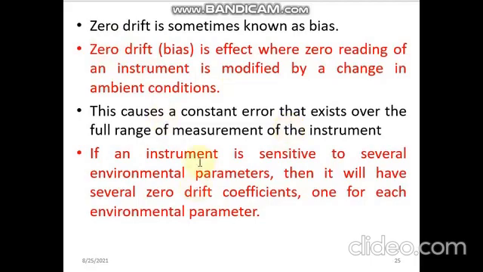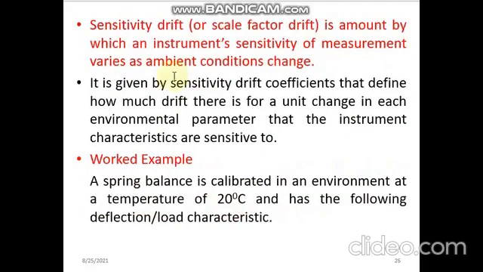And when your instrument is very sensitive to several environmental factors, maybe temperature, pressure, humidity, and what have you, then the zero drift will have several coefficients. There will be a coefficient for temperature, for pressure, for humidity, and all the other parameters to which it is sensitive.